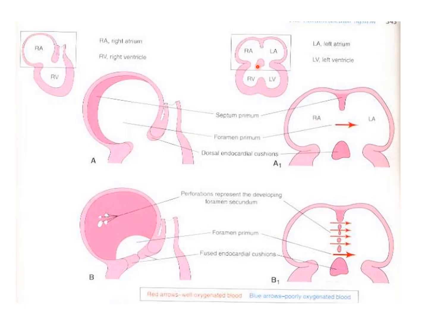So in this coronal section, this is the right atrium, this is the left atrium to be, and this is the start of the septum primum, which you are seeing here as a crescent, and all this is foramen primum. If it descends down and this foramen primum becomes smaller, other small foramina will start here, and this will be the beginning of foramen secundum, and still we have flow of blood from right to the left.